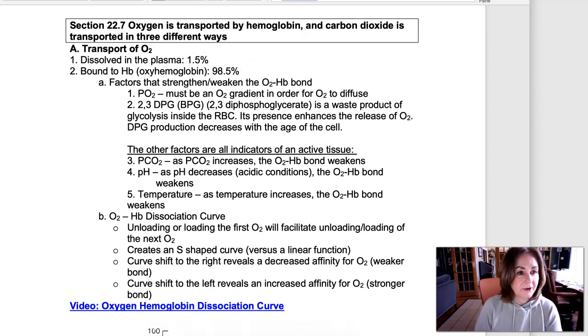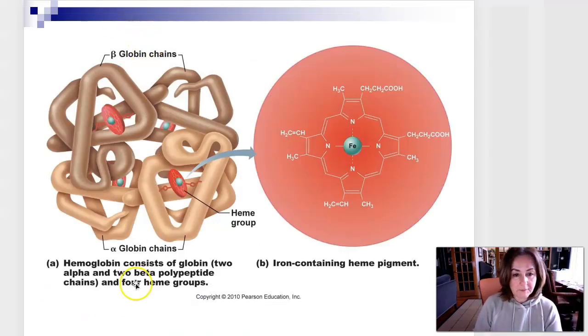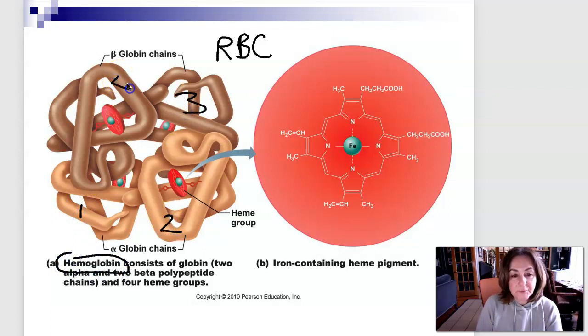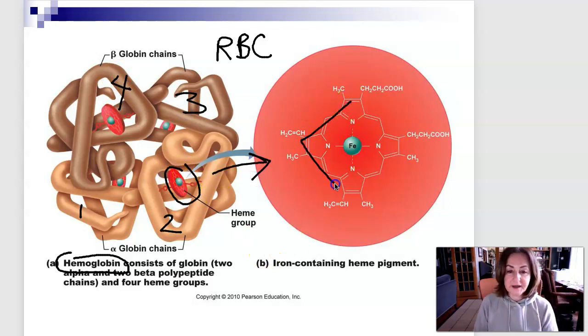You might recall that hemoglobin is the molecule that fills red blood cells, right? Red blood cells have over 250 million molecules of hemoglobin per cell, and each molecule of hemoglobin is made up of 4 protein chains, and each of those protein chains contains something called a heme group. If you take a close look at the heme group, what you have is an organic ring surrounding an atom of iron.